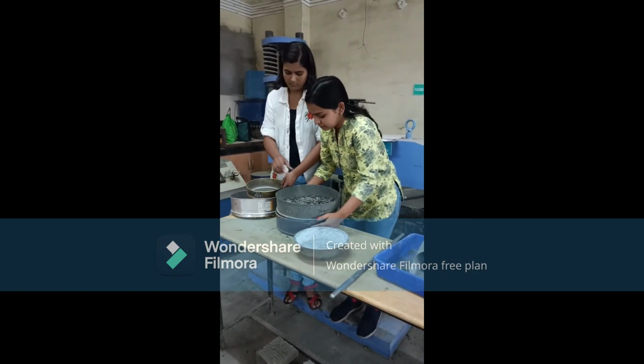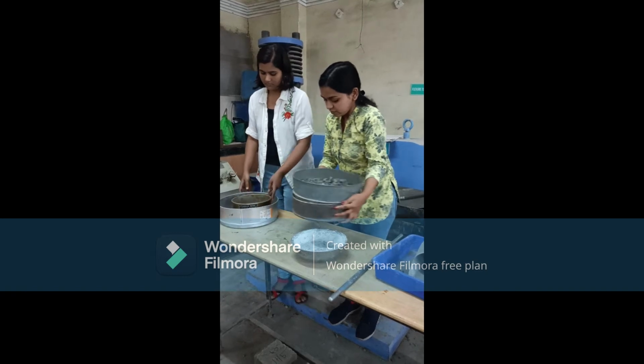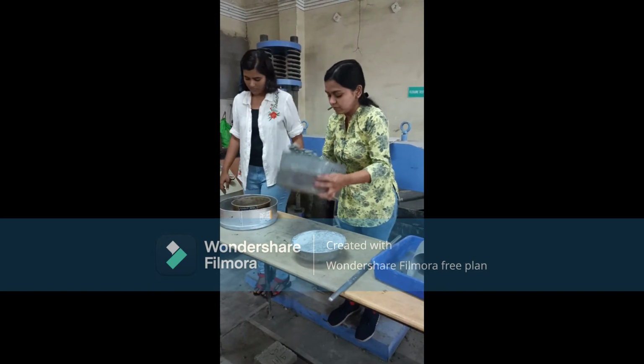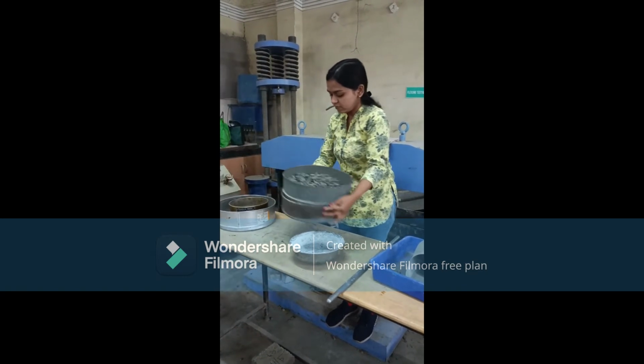Then we will sieve the aggregate through the 10 mm sieve, and the aggregate retained on the 10 mm sieve will be taken for testing.